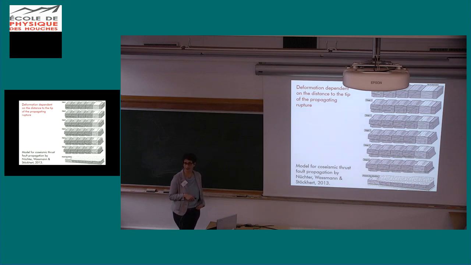So we might still deform our pseudotachylites, but not with another high stress event, because the rupture front already passed and the area is now weak. So we do not kick our pseudotachylite once more. So pseudotachylites are commonly the last thing of this propagating zone that we see. But that is for thrusts.